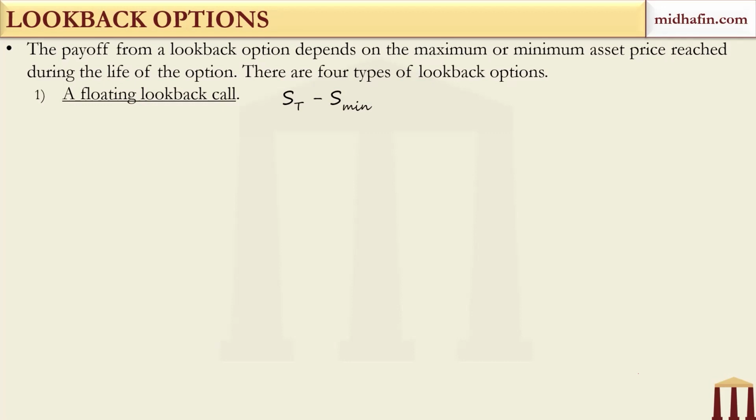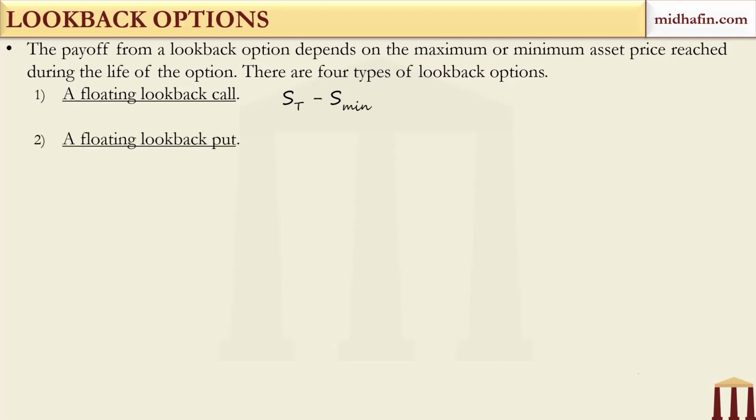That lowest price will act as your strike price, and the payoff is ST minus S min, the minimum of the asset price. This is your strike here. That's why it's floating. If the strike is changing, it's called floating. If the asset price is changing, it's called fixed. That's the trick here to remember.